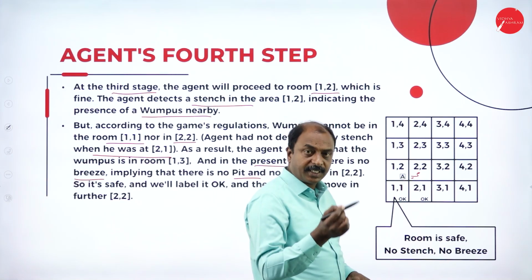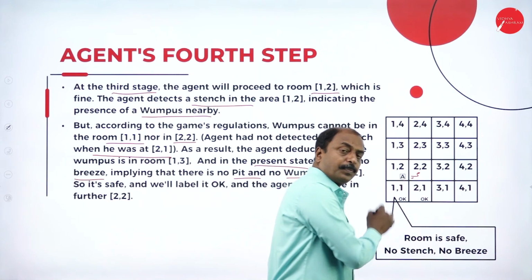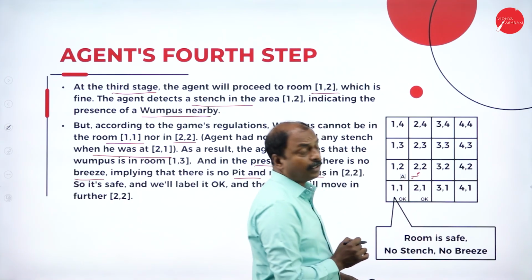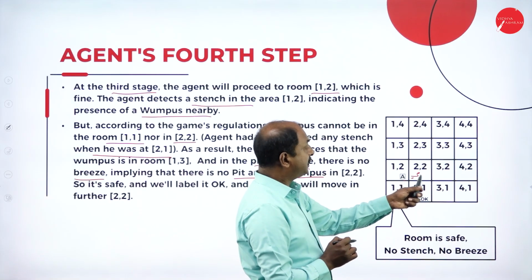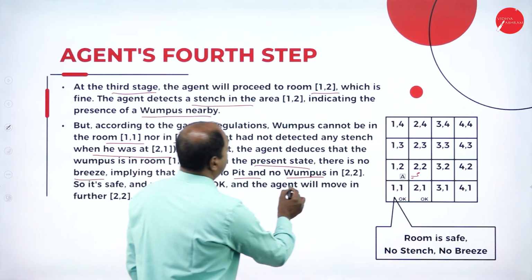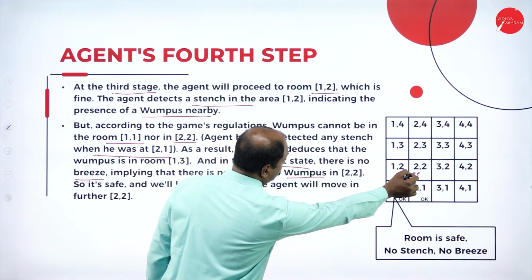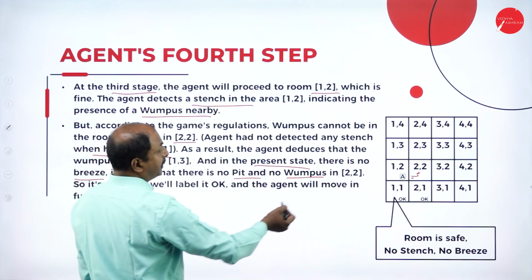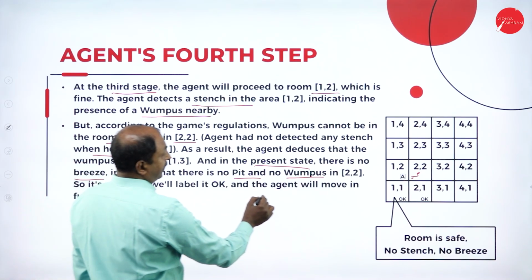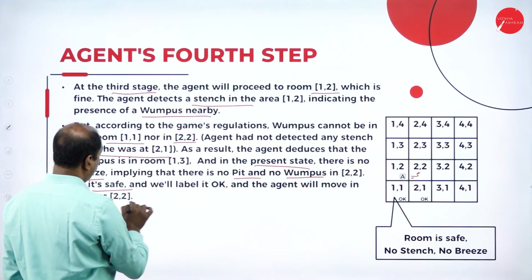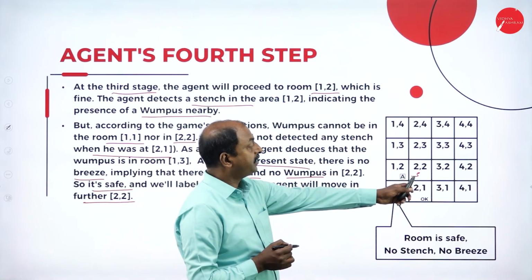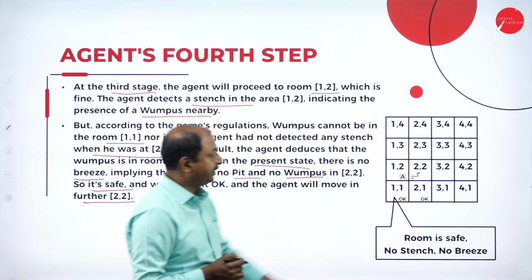And as per the condition of the problem, there won't be any wumpus at 2, 2 and even 1, 1. Based on this logic, he assumed that there is no wumpus in 2, 2 and there is no pit. So it is safe for the agent to move further to the square 2, 2. This is the next movement of the agent.